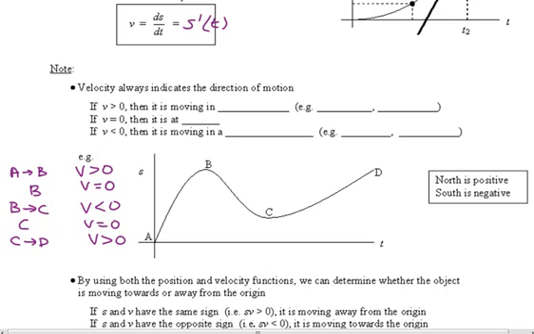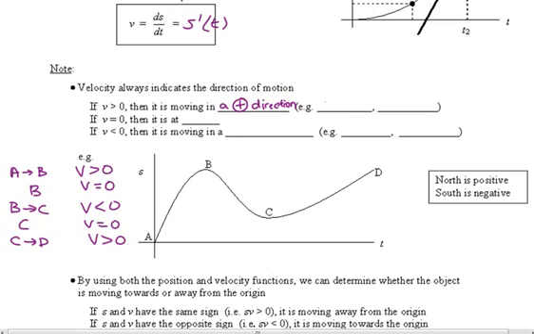If our velocity is greater than 0, then it is moving in a positive direction. Well, it's not differentiable at that point then. You can't figure out its instantaneous velocity if it's a cusp.